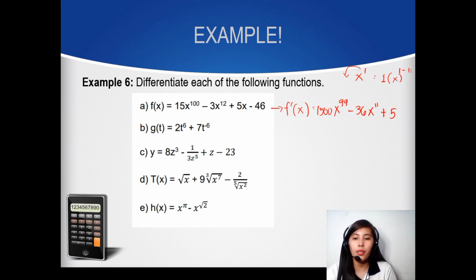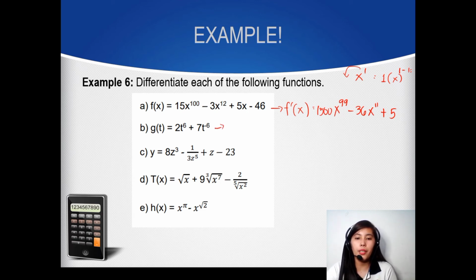So therefore, our x here will be eliminated. Then the derivative of a constant is equal to 0, so no need to put 0 here. So this is our derivative for our first example: 1,500 x raised to 99 minus 36 x raised to 11 plus 5.